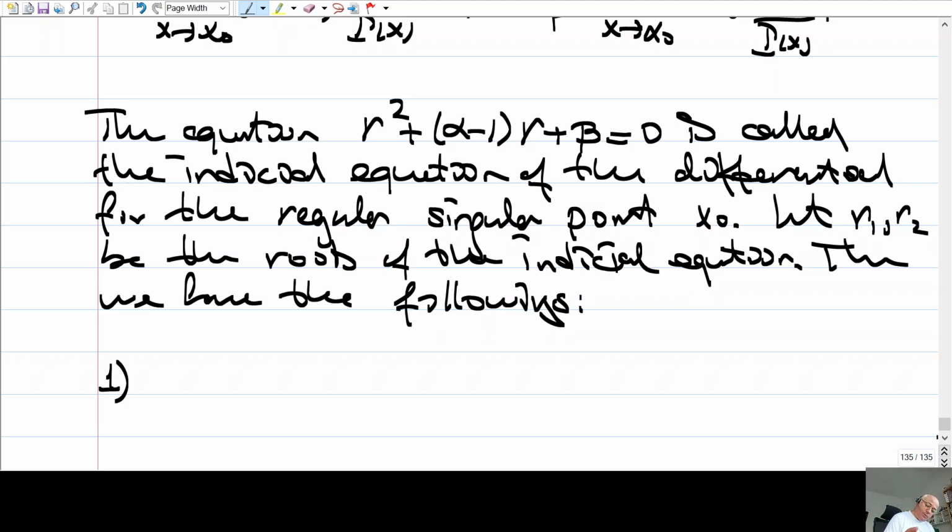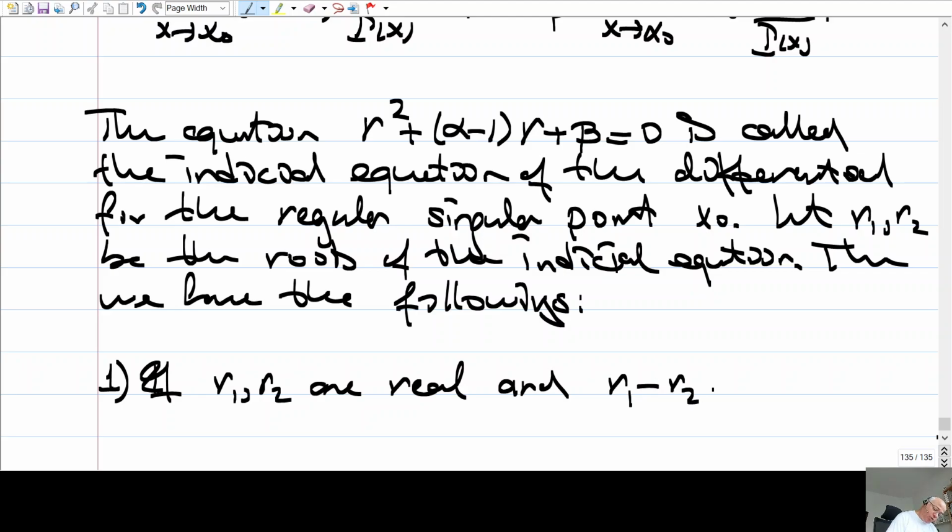If R1, R2 are real and R1 minus R2 is positive, so we assume that they are distinct, R1 is the bigger root.